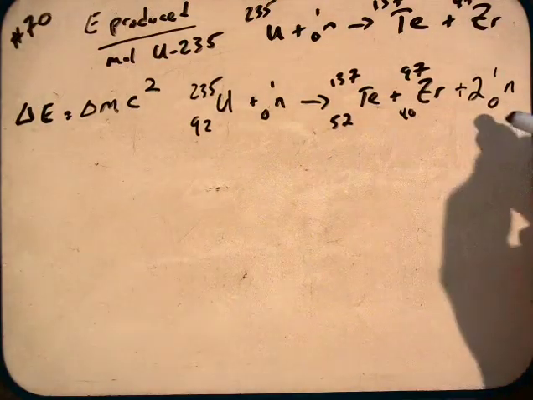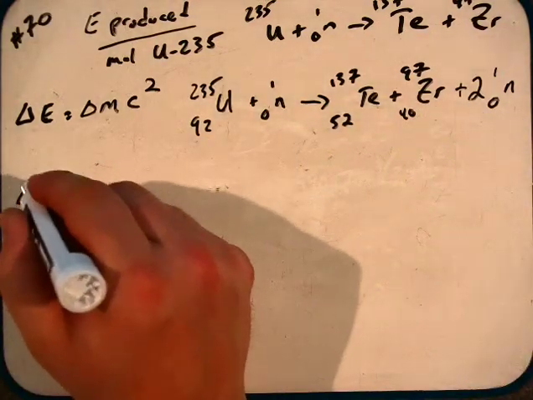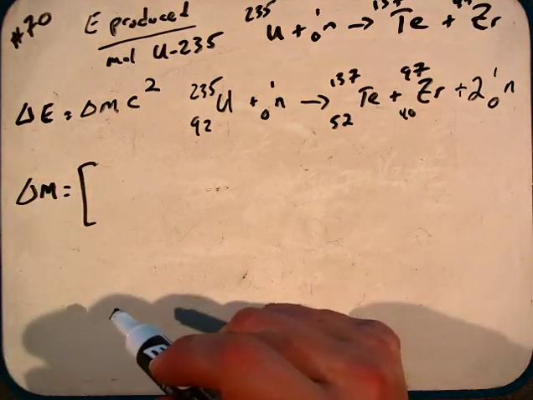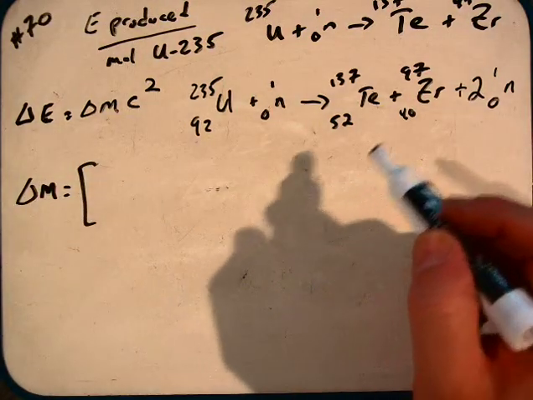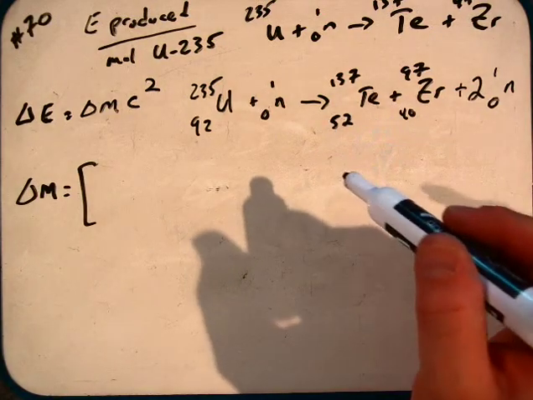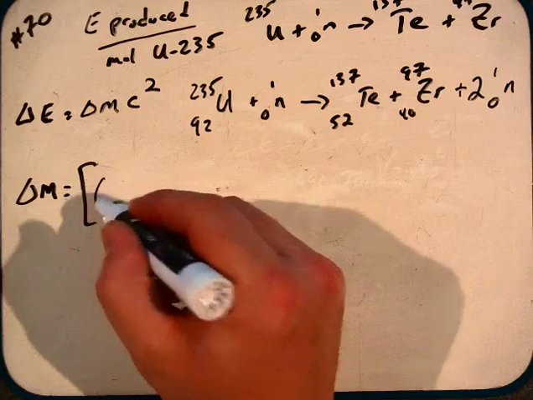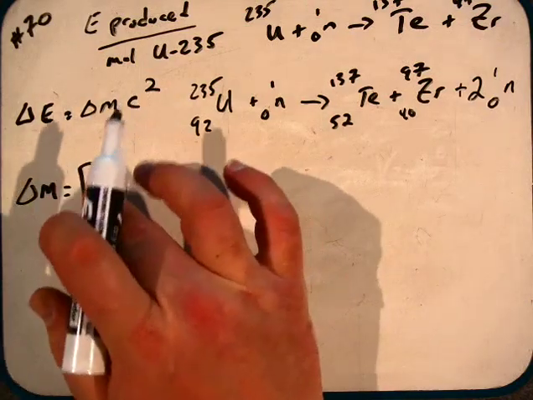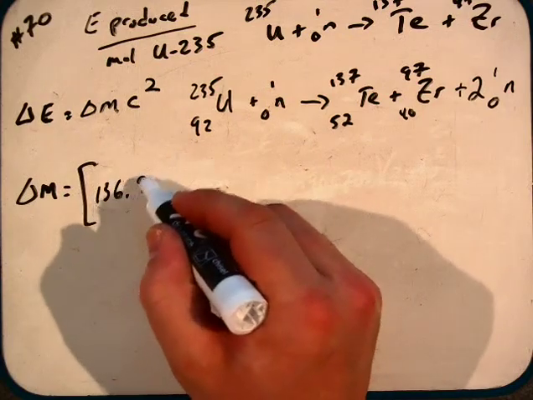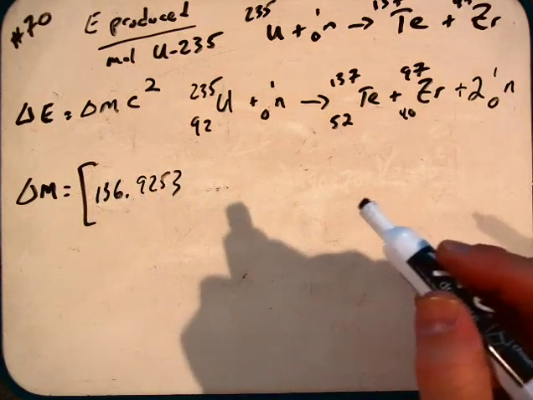Now that we have our balanced reaction, we can determine the delta M, because they tell us our masses for our products. So for tellurium-137, that atomic mass is given to us as 136.9253, right?